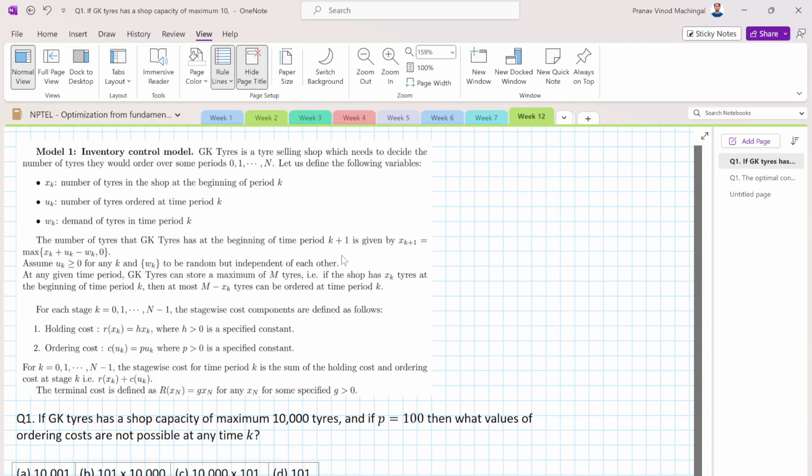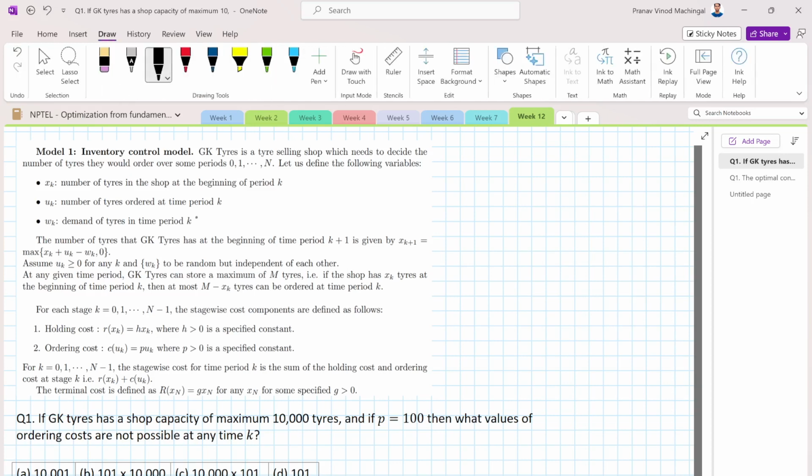So you have this variable xk, which is the number of tires that you have in the shop at the beginning of each period k, like at the beginning of each month. uk is the number of tires ordered at time period k. So for a given month, how many more tires are you going to order to meet the demand of that month? And wk is the demand that you are going to get in time period k.